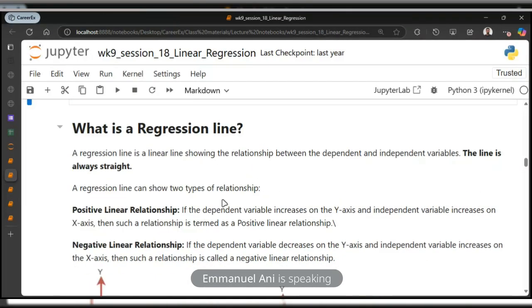Now let's quickly discuss what we call the regression line. But before I continue, I hope everyone is still following.